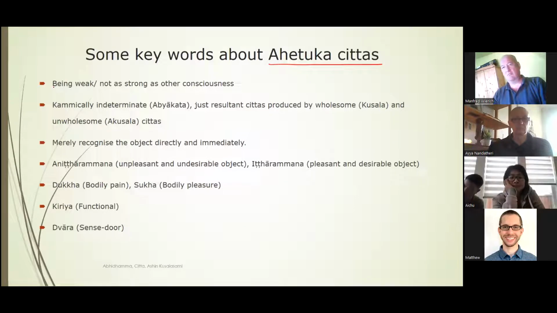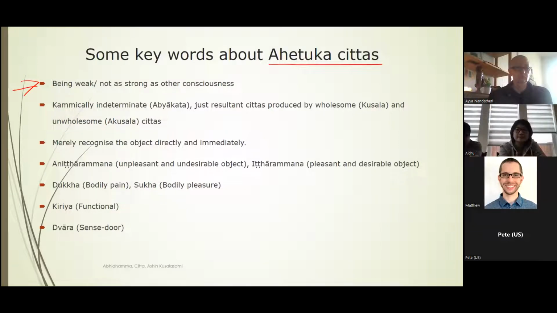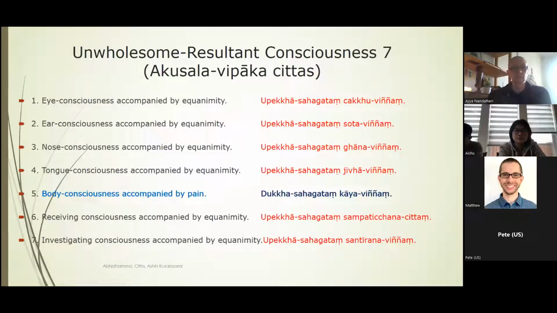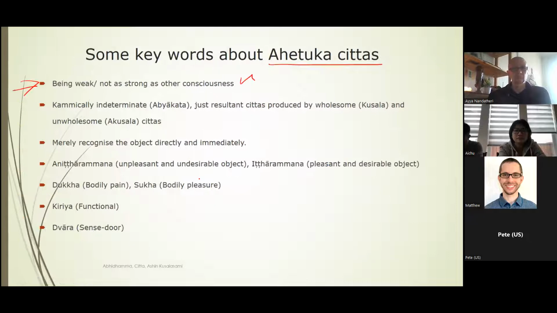The 18 ahetuka chetas are very weak. I will talk about later what is weak and what is strong. I cannot say it as long as you don't know these 18 chetas. And also chemically indeterminate, abyakata, as well. I will not talk about it more here, and later I will come back to it.